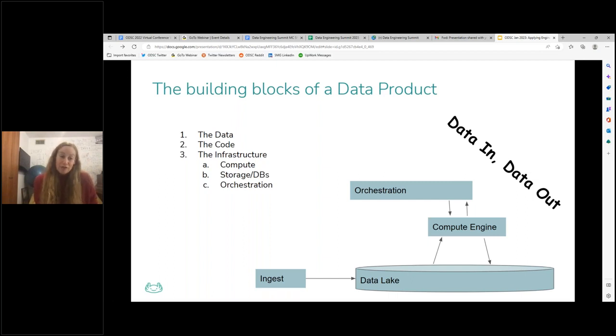And of course, the infrastructure that you're running on, that is the compute engine that you're using. Again, could be Spark, could be Presto, could be any form of those managed, or if you're using Snowflake, then it provides a compute engine within the database, and then the storage or the database underneath. Some organizations run Spark over Snowflake.